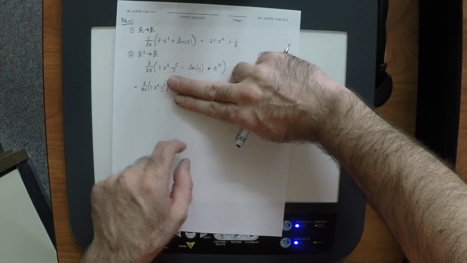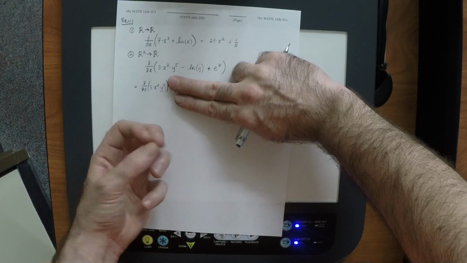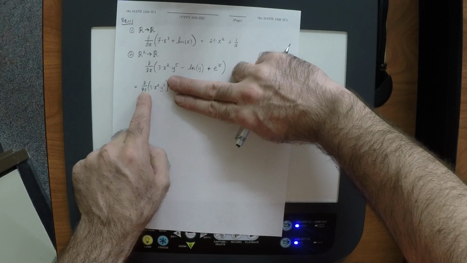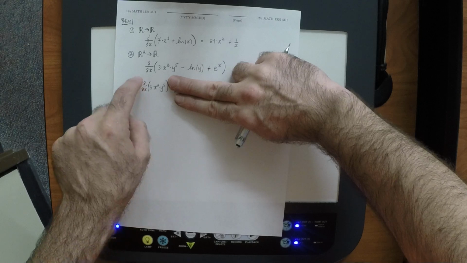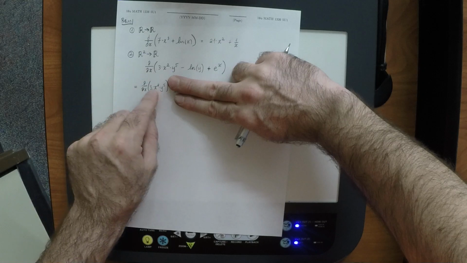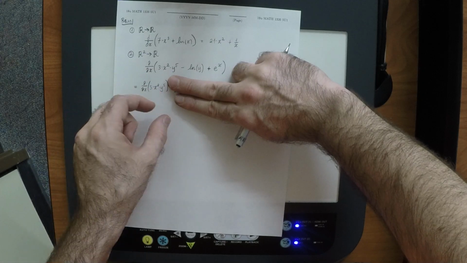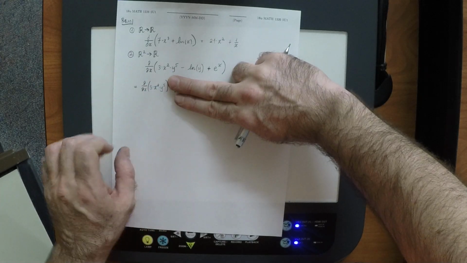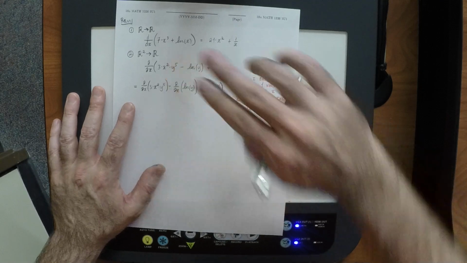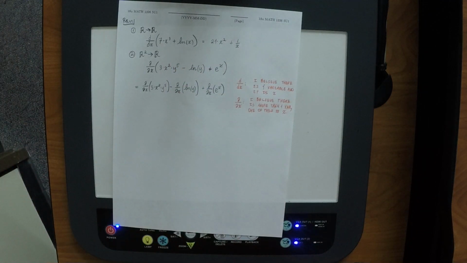Y to the fifth, right? The reason it works that way is that y is a constant where this operator is concerned. So for this partial derivative with respect to x, 3 is a constant, and so is y to the 5. If it was partial y, it would be 3x squared times 5y to the fourth. So these constant factors, because the derivative is homogeneous, can be factored out.